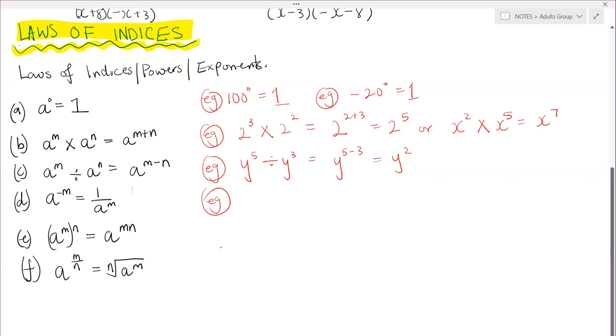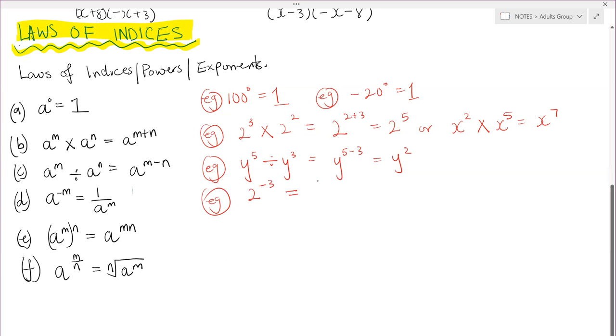So part D, any variable raised to a negative power, we can send that variable and its power to the denominator and make the power positive. So let's say we have 2 to the power of negative 3.